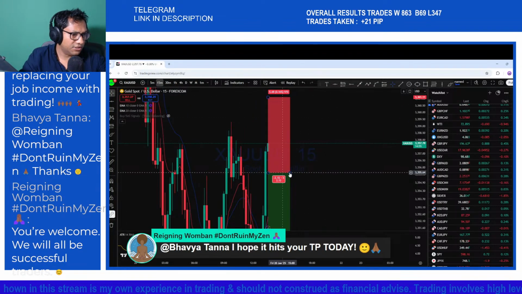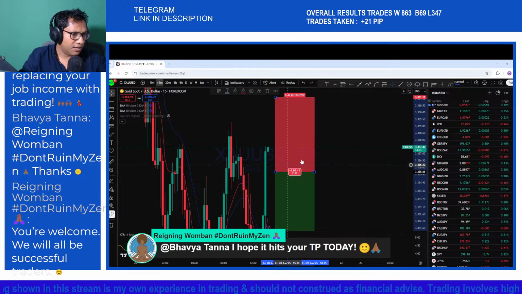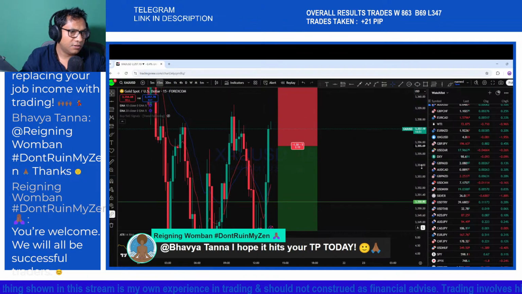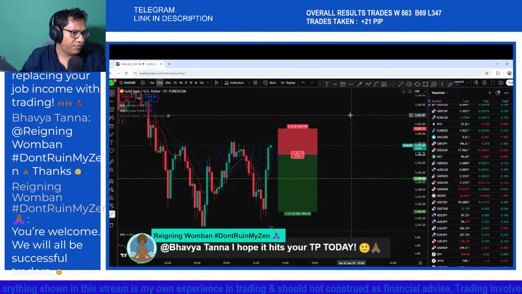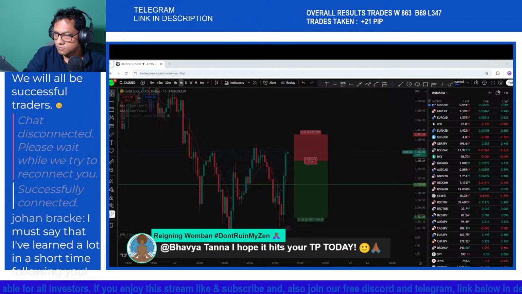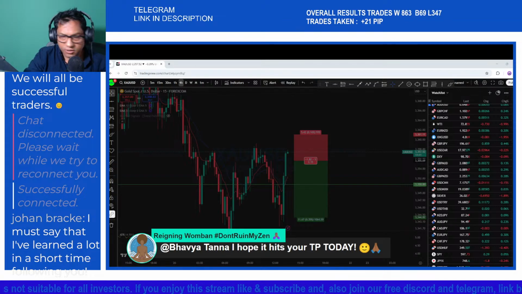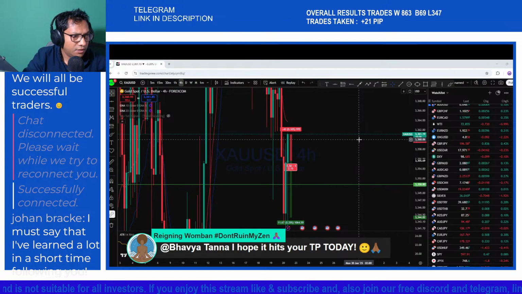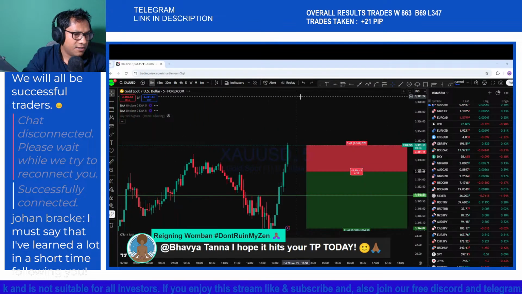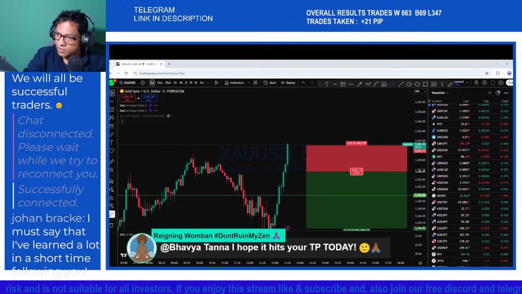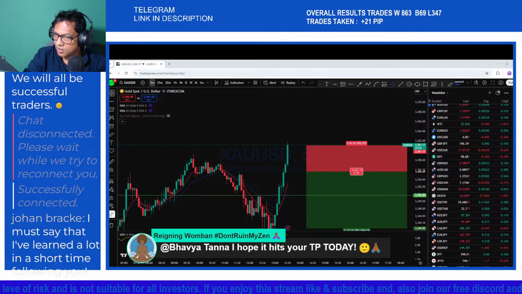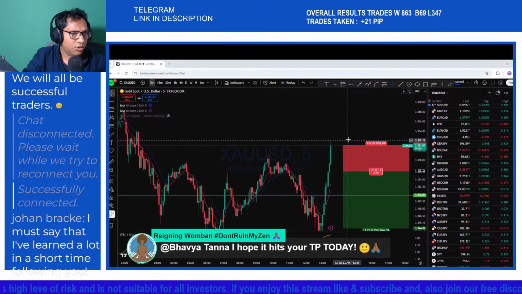Okay, so you see that there is another candle close. This is the 15 minutes. So a little bit of disconnection. The market didn't hold it, it just bounced. So this trade didn't work out, but we'll be looking to see what's happening.